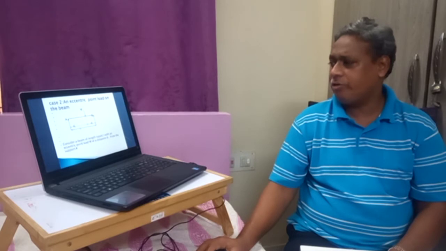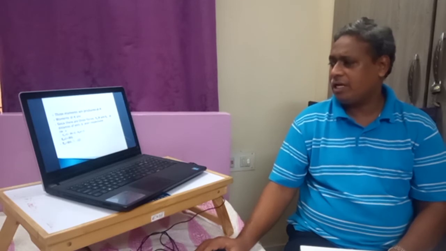We look at this figure. This is L. If we remove this D1, we are left with D2. Therefore, we say RA is equal to W D2 by L, and RB is equal to W D1 by L. These are the resultants. If we observe, RA is W into D2 by L, which has something to do with the distances.